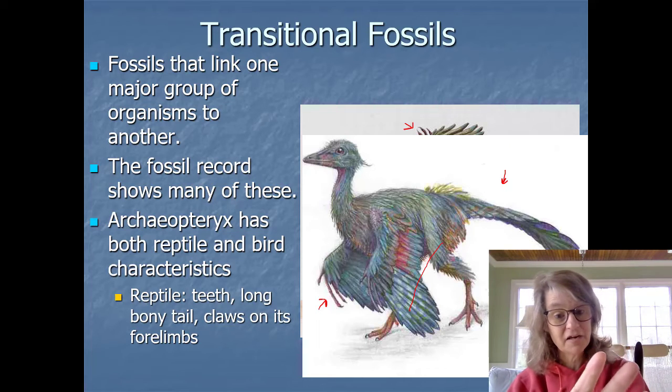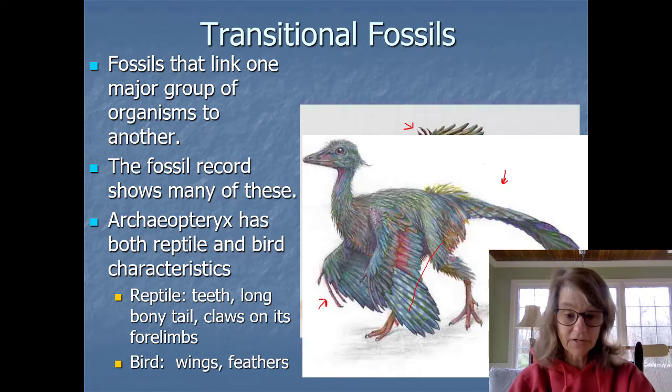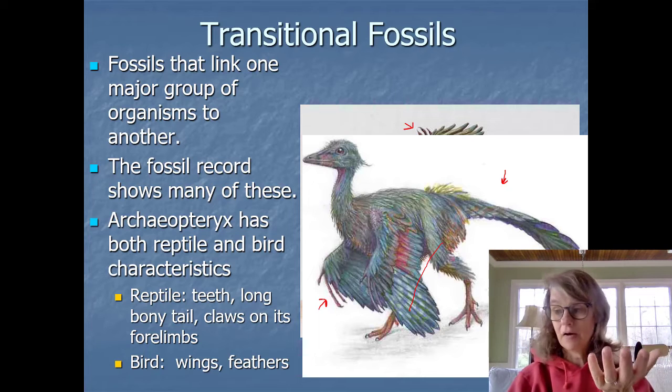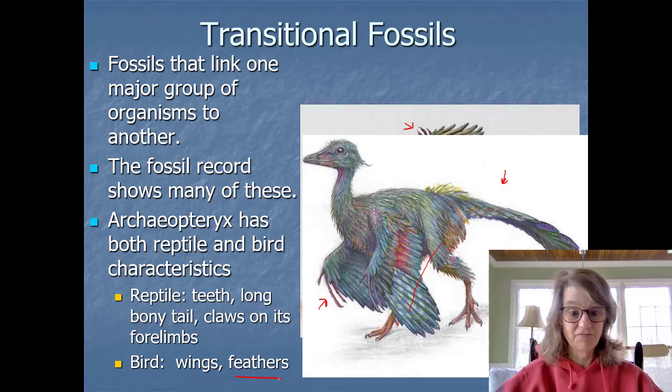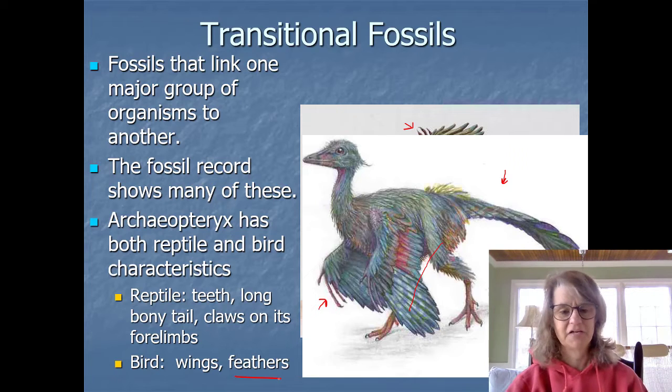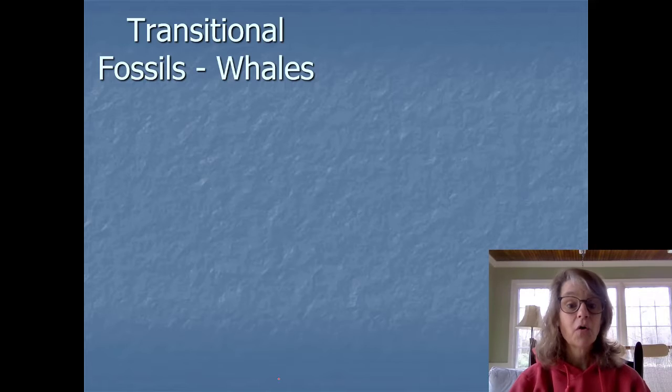So reptilian characteristics in this animal: teeth, a long bony tail, claws on its forelimbs. Bird characteristics in this animal: it has wings and it has feathers. And honestly, today, feather is the diagnostic characteristic for a bird. If an animal has feathers, we classify it as a bird.